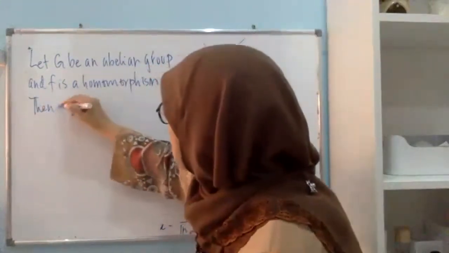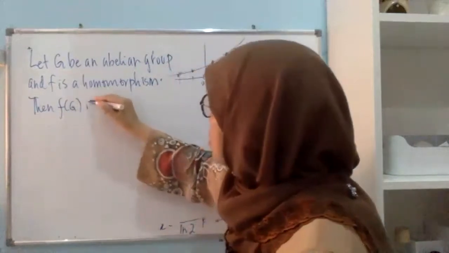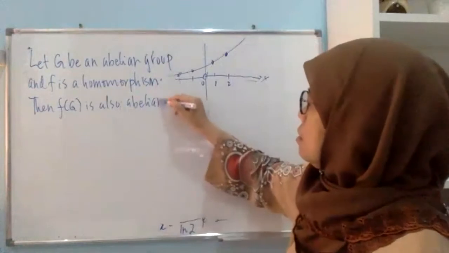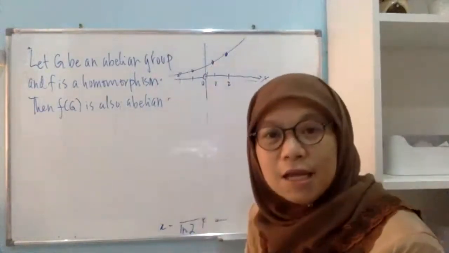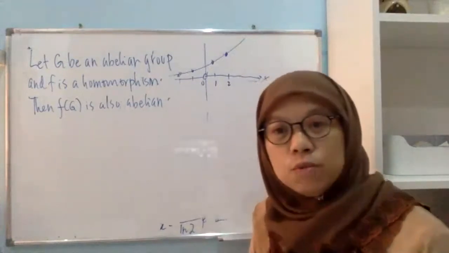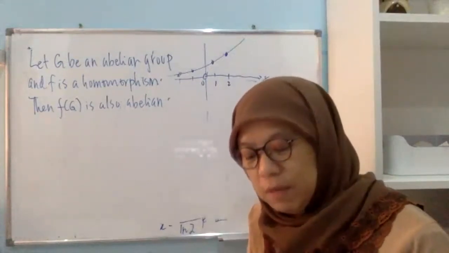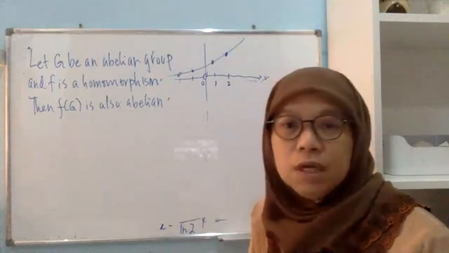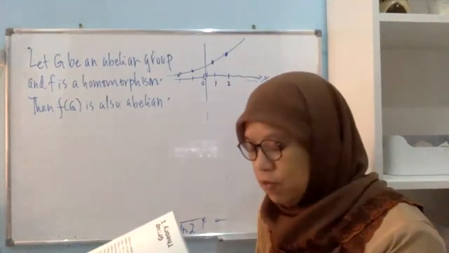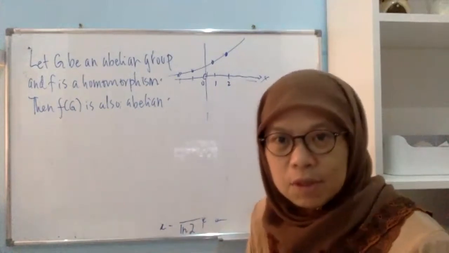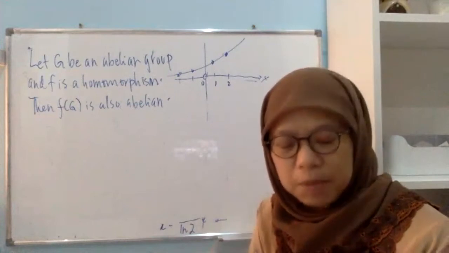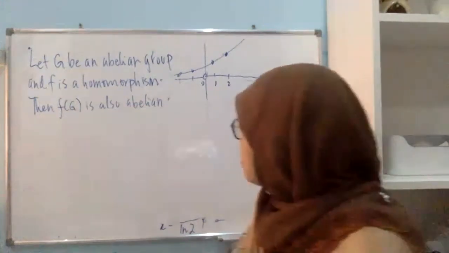Then f(G) is also abelian. This is another way to write theorem 5.2. The homomorphic image of an abelian group is abelian. Okay, so sometimes if you are given the theorem, it's not really easy to prove. You probably need to rewrite.